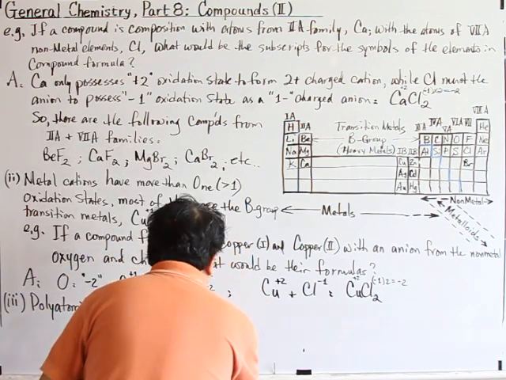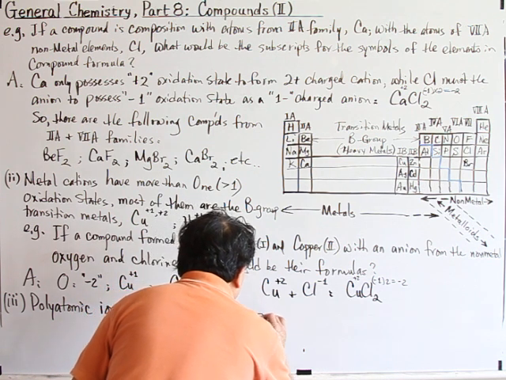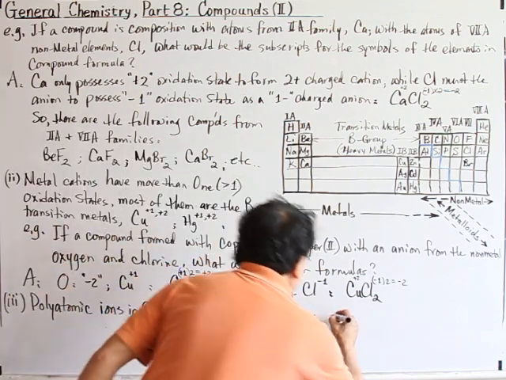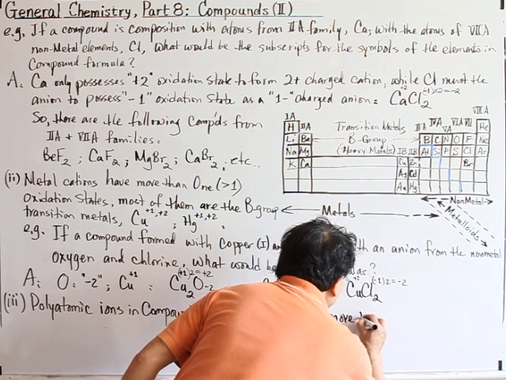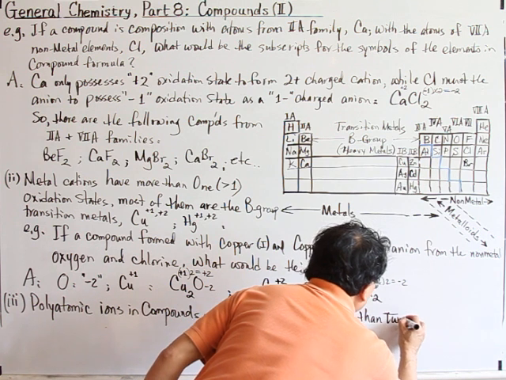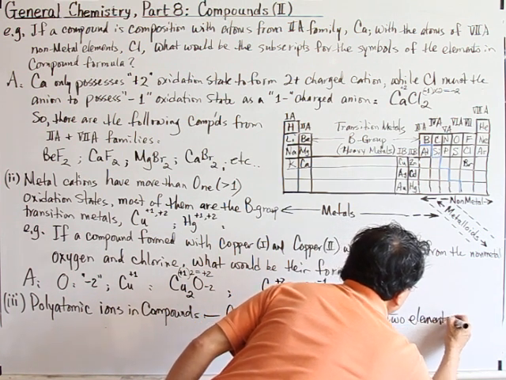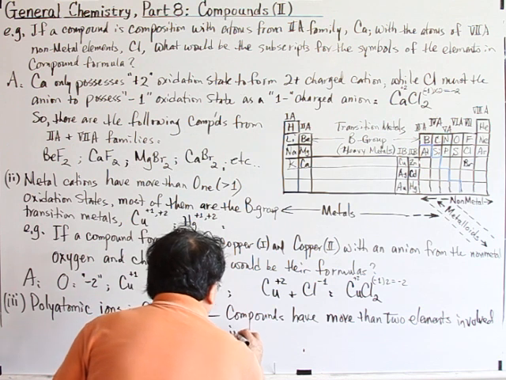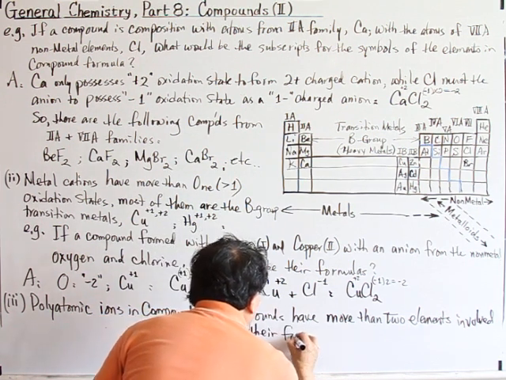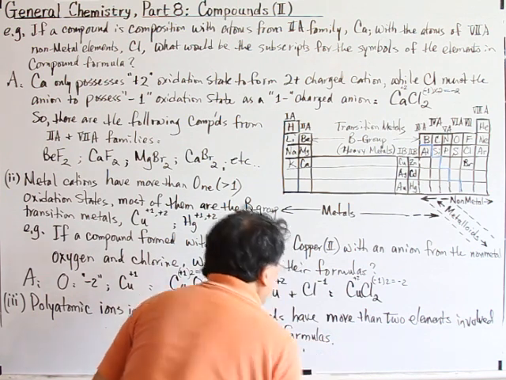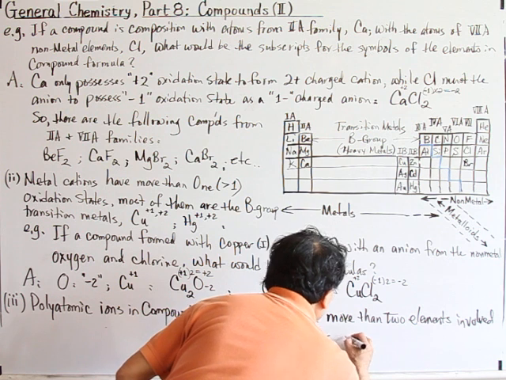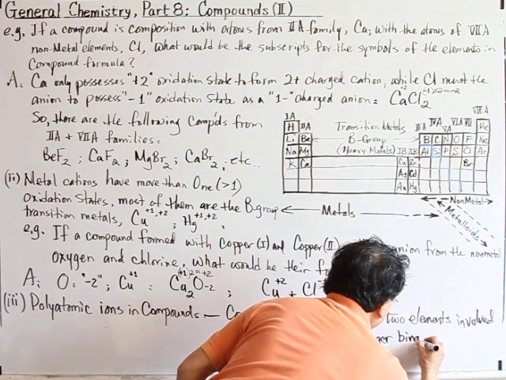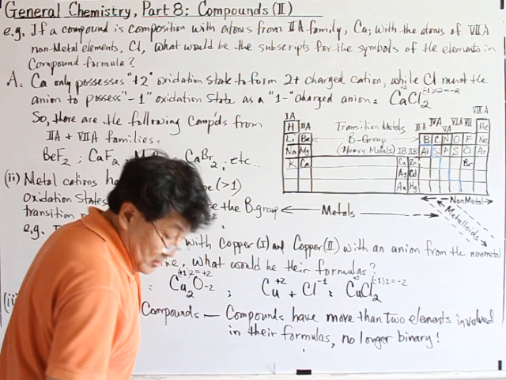Polyatomic means the compound has more than 2 elements involved in its formula. So, no longer binary. Binary means 2; this is more than 2.